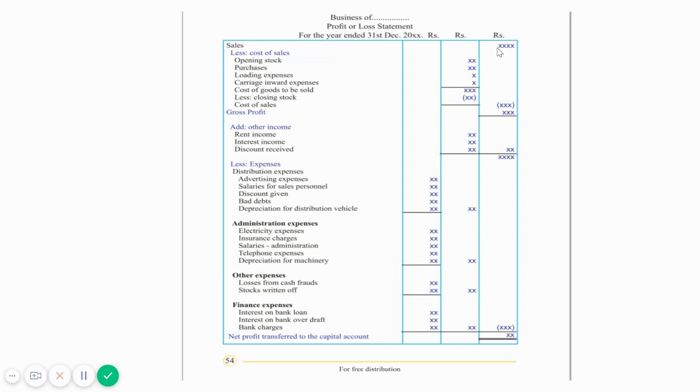To earn a sales income of 100,000 rupees, according to my example, the business has already incurred 75,000 rupees and they end up with a difference, or a profit, of 25,000 rupees.